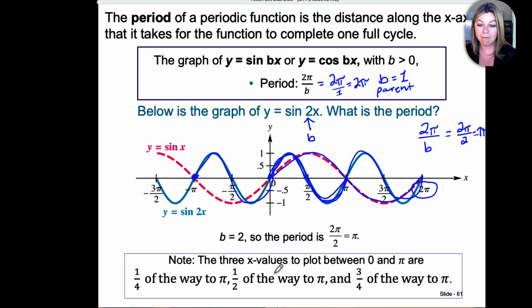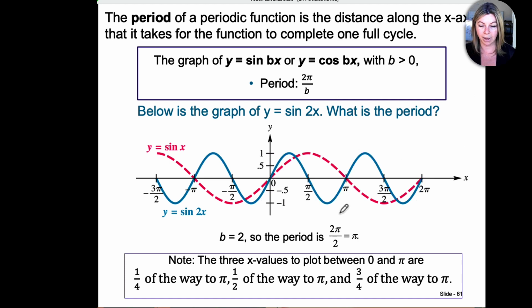Note, the three values to plot between 0 and pi are 1/4 of the way to pi, 1/2 of the way to pi, and 3/4 of the way to pi. I want to erase all this annotation so that I can talk about that a little bit. This is going to be important in sketching the transformed parent functions.